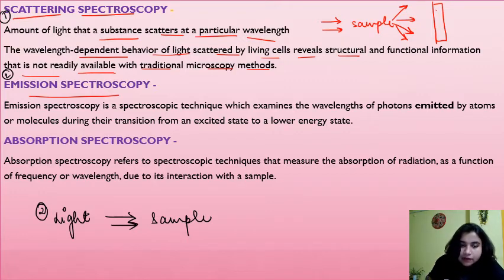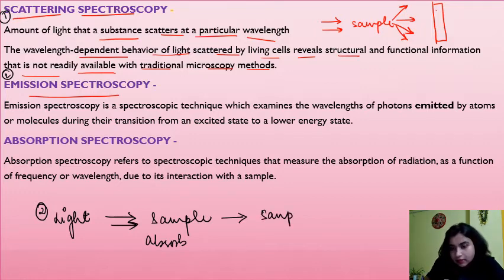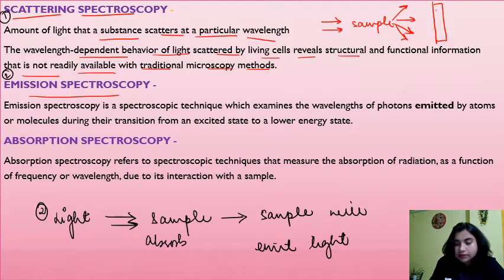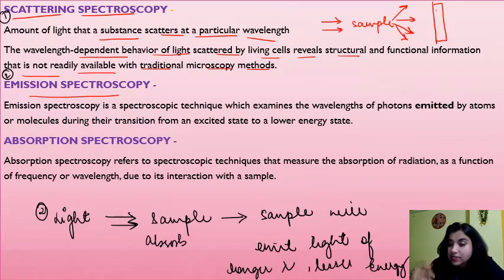After some time, the sample will emit light of longer wavelength and lesser energy. As the sample is emitting light, we call it emission spectroscopy.